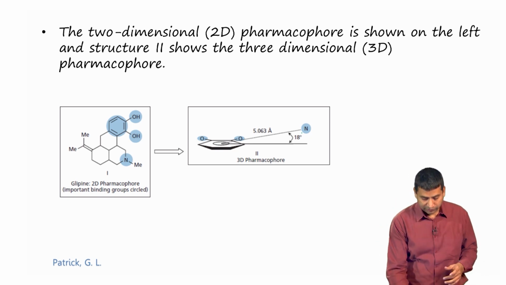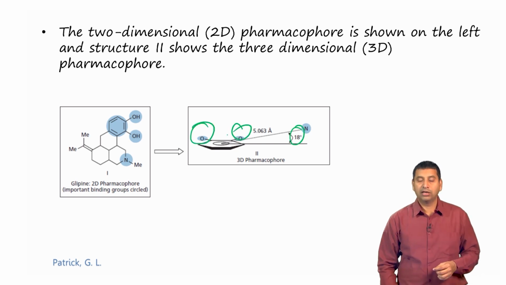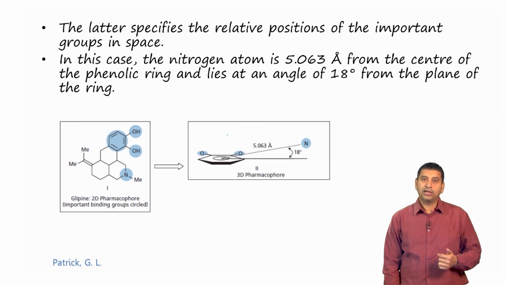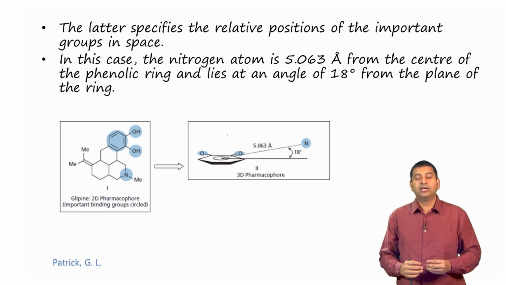Here, for example, it is 18 degrees out of plane, and you can see here that the other two alcohol groups or phenol groups are also present. Based on this we can specify the relative positions of the important groups in space, and as I mentioned, the angle is about 18 degrees from the plane of the ring.